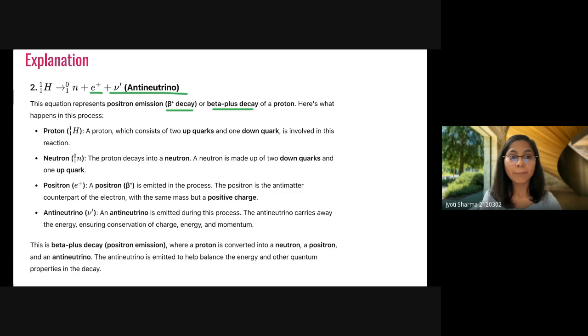This will happen only when a proton changes into a neutron, positron and antineutrino. So this is how we can see how a proton is changing into a neutron, a neutron is changing into a proton, and how this gives you more species, right?